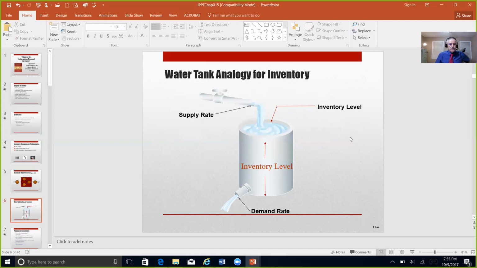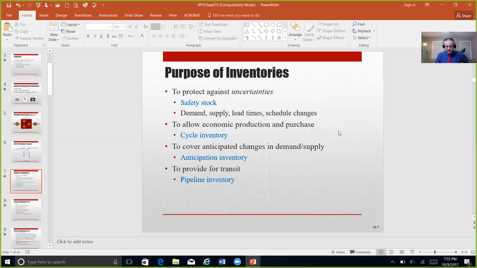You see this over on page 372 in figure 15.2 and also in figure 15.3 at the bottom of that page. It's just another good example that explains this concept.